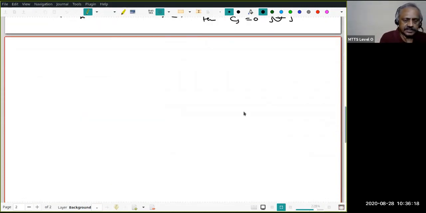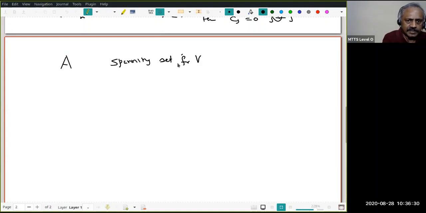Next, suppose you give me a subset A, and we just now saw what is meant by spanning set. We will simply say spanning set, but it means spanning set for B. What does it mean? Any vector is a linear combination of elements coming from A. That is the same as saying the linear span of A equals B. When do I say A is a minimal spanning set?